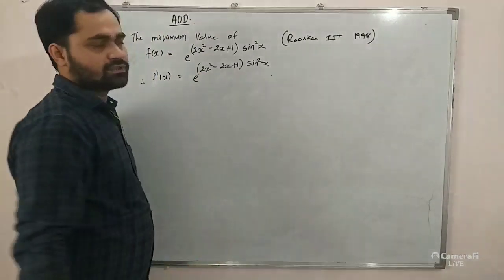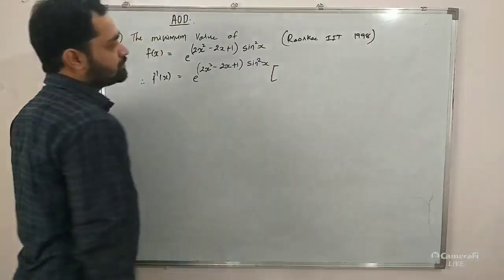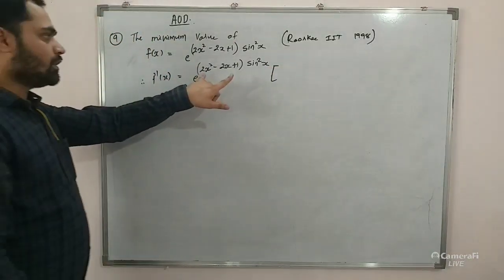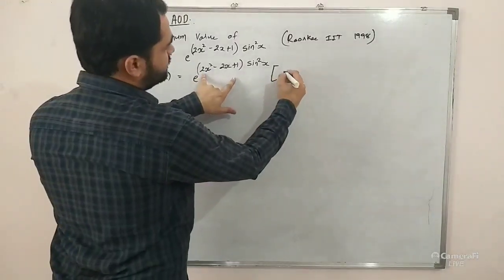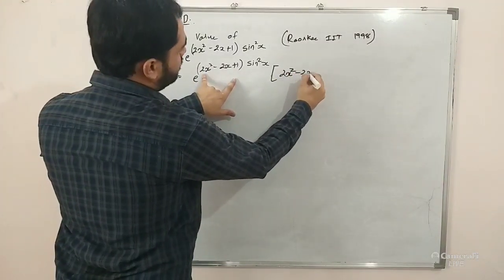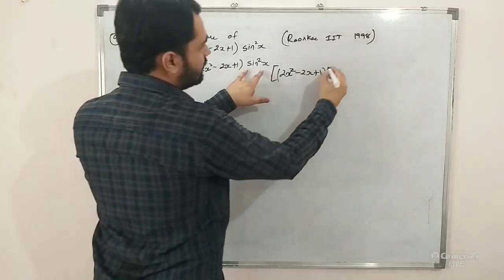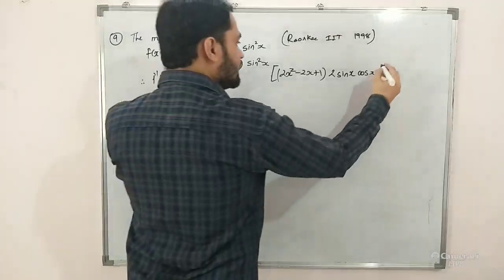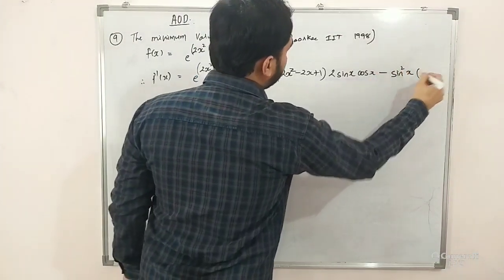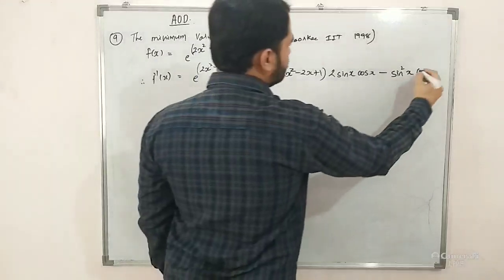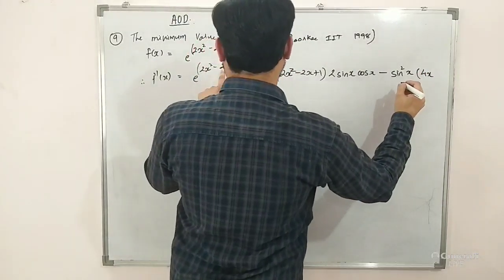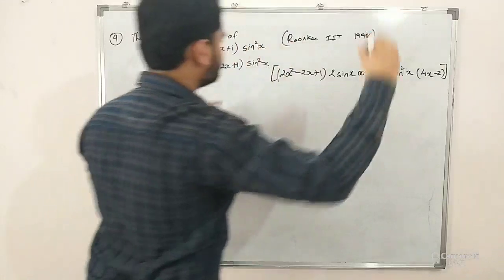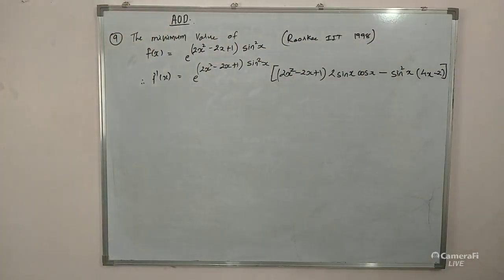There are two terms, so we have to apply the product rule. 2x square minus 2x plus 1 is outside, and the derivative of the second term is 2 sin x into cos x, minus sin square x is outside, and the remaining term is 4x minus 2, right?